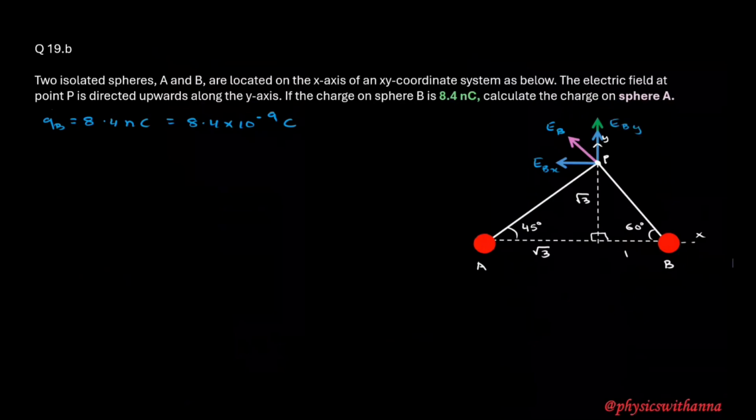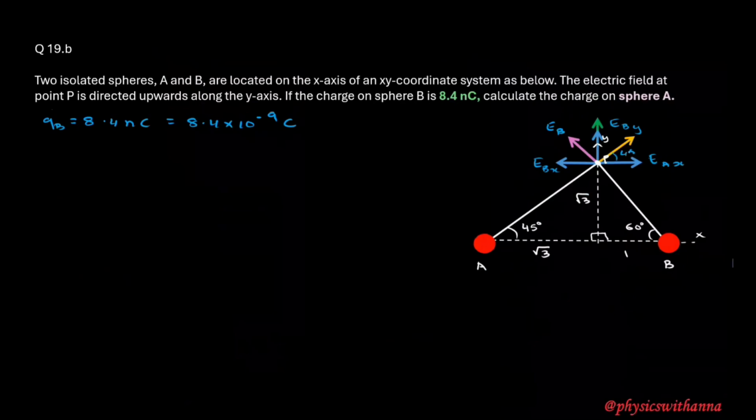If you want the net electric field to be only along y-axis, you have to ensure that this x component is cancelled. So sphere A also must have positive charge so that its electric field is directed away from it at point P, and it has a component of x that is opposite to EBX. So we call this as EAX.